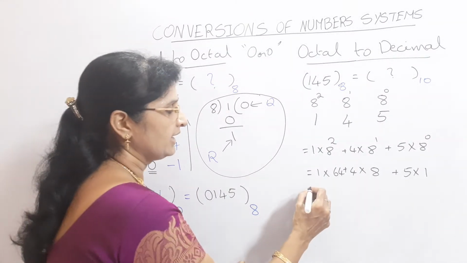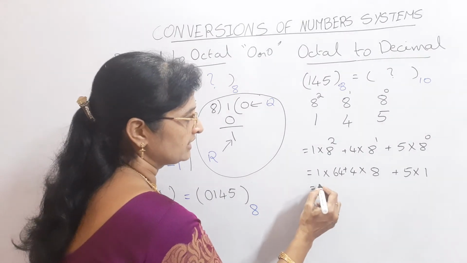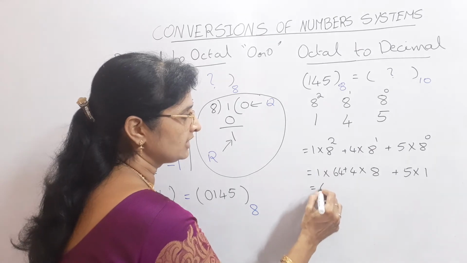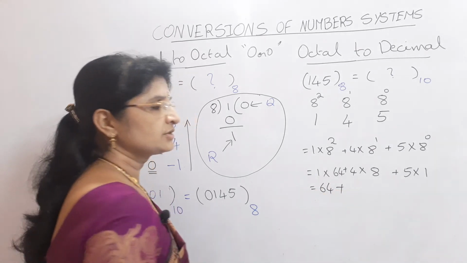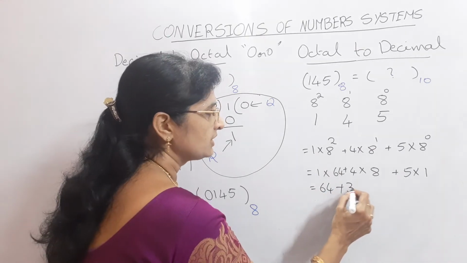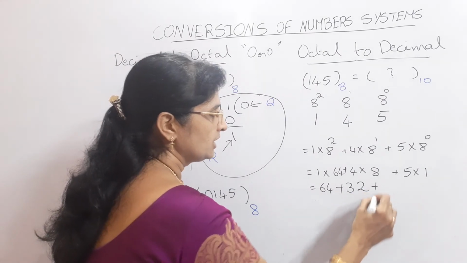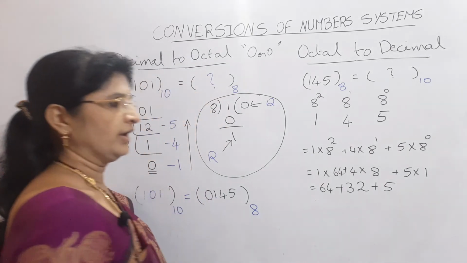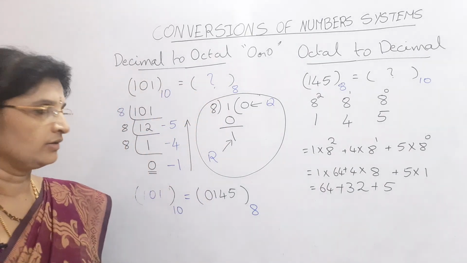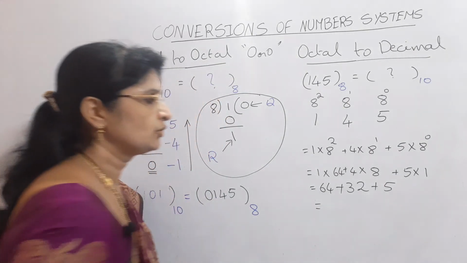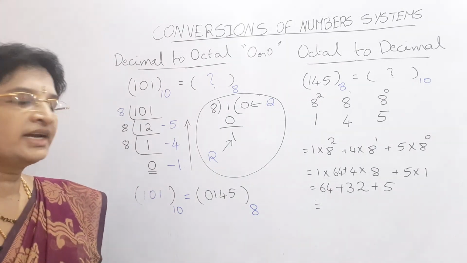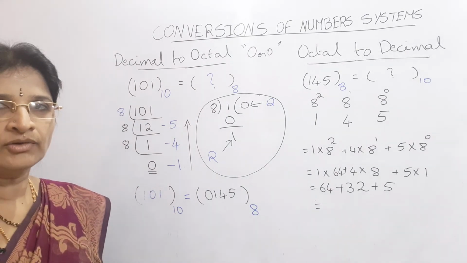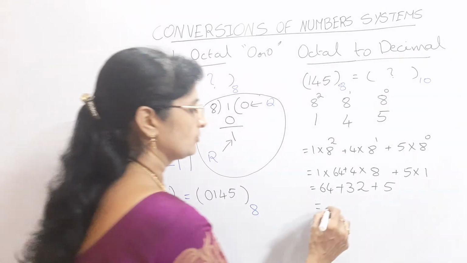Now again simplify this. 64 into 1 is 64, plus 4 8s are 32, plus 5 1s are 5. Now find the total. 64 plus 32 is 96. 96 plus 5 is 101.